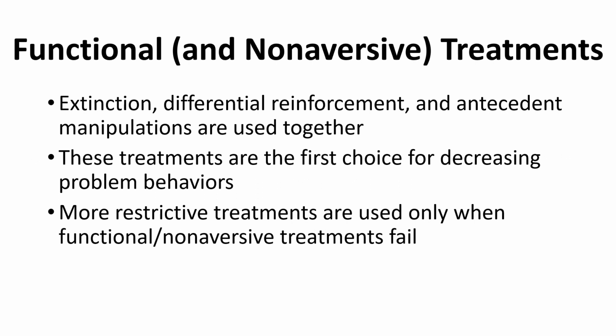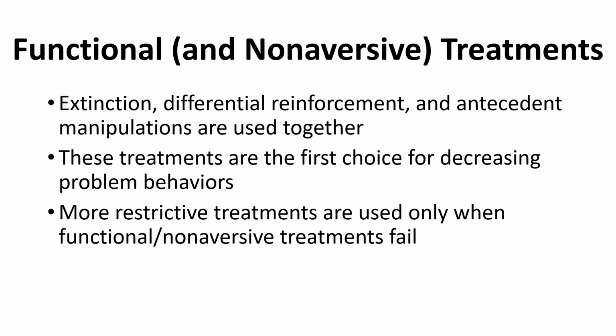While we're talking about those three types of procedures separately, they are often used in conjunction with one another. We tend to use extinction, differential reinforcement, and antecedent manipulations all together. And as I said, they're the first choice for decreasing problem behaviors because they are non-aversive.